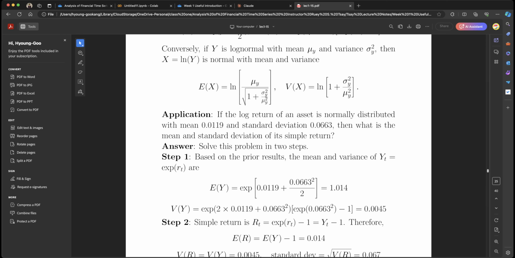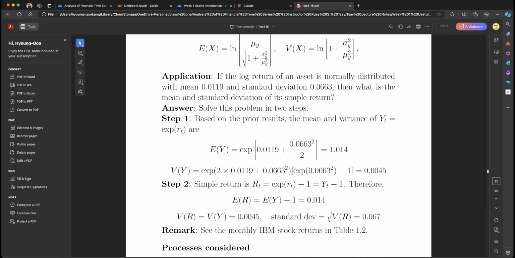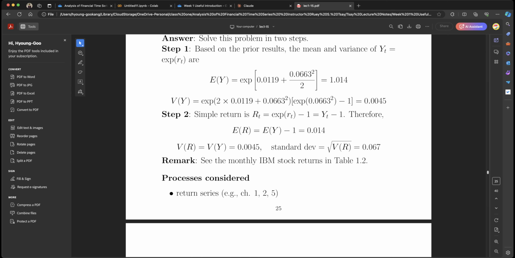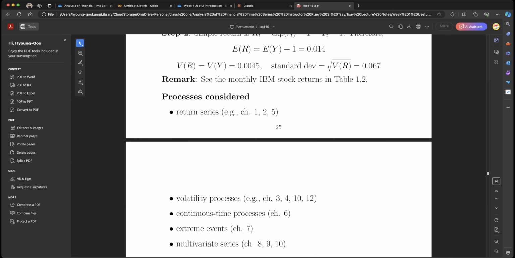For the mean and variance, we know the formula, so we can apply this formula. So simple return is this one. Therefore, we can substitute, minus 1. So 0.014 is the mean and variance this one, and standard deviation 0.067. And then the process concept, we can skip this one.